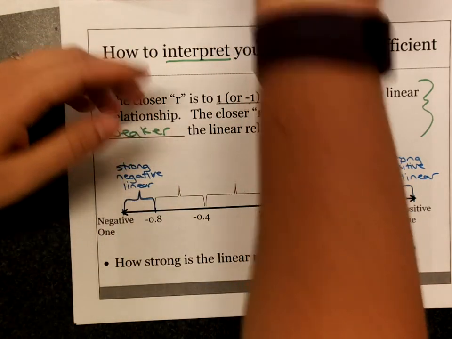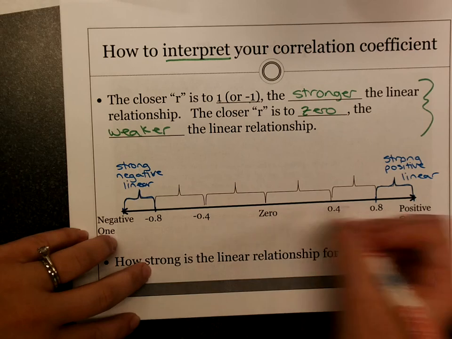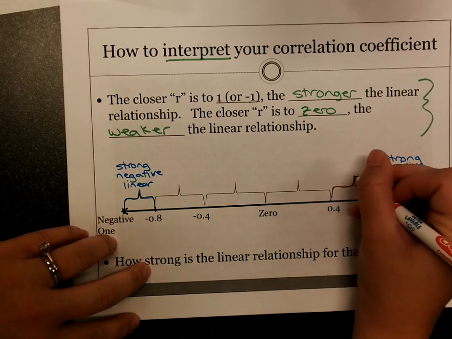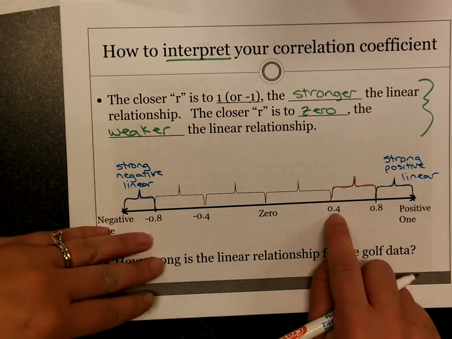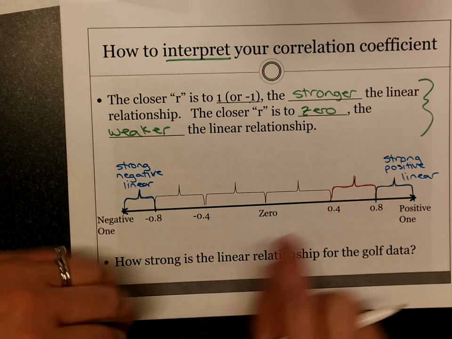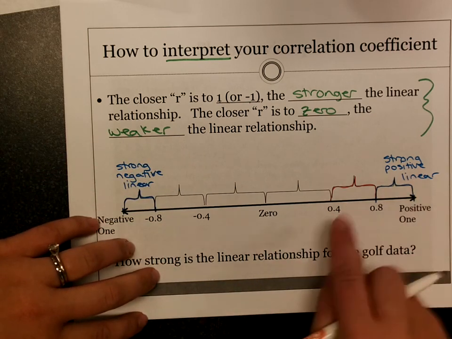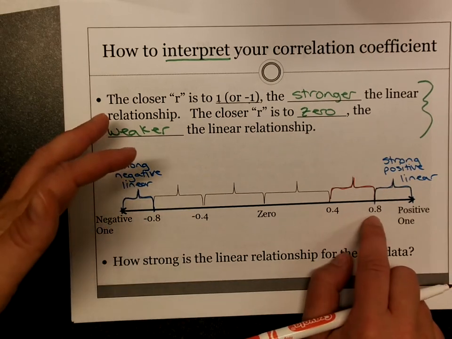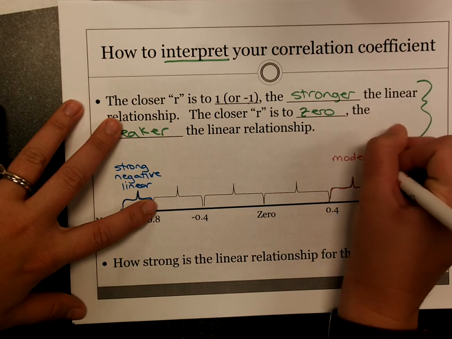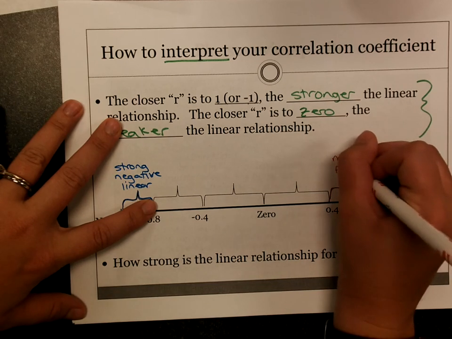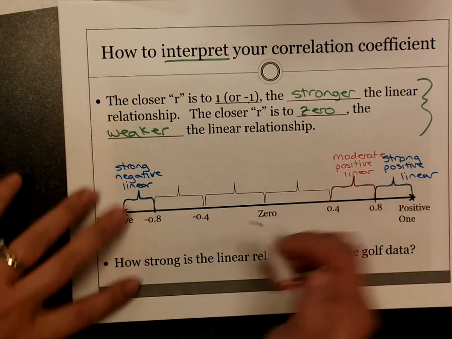Anything between 0.4 and 0.8 (some textbooks use 0.5, but this particular textbook, I believe, uses 0.4), anything in that range, from about 40%-ish to 80%-ish, is considered a moderate, positive, linear relationship.